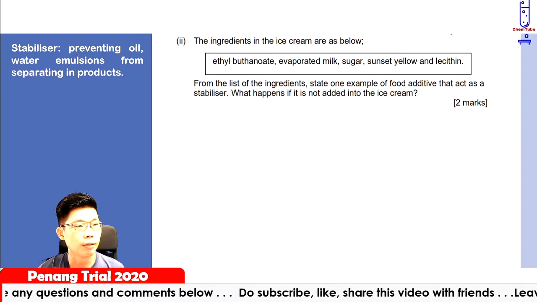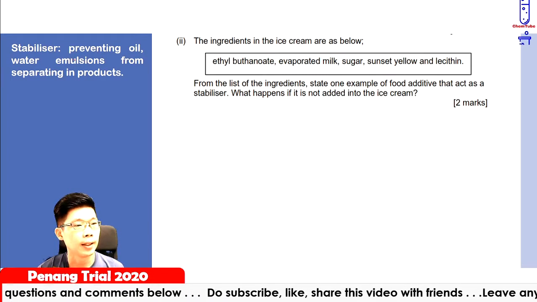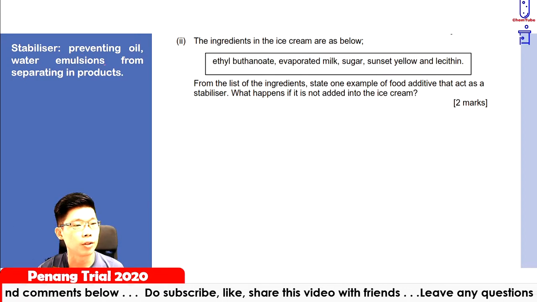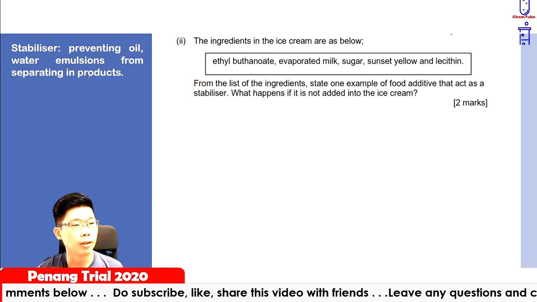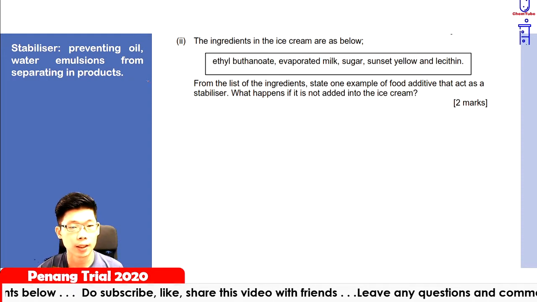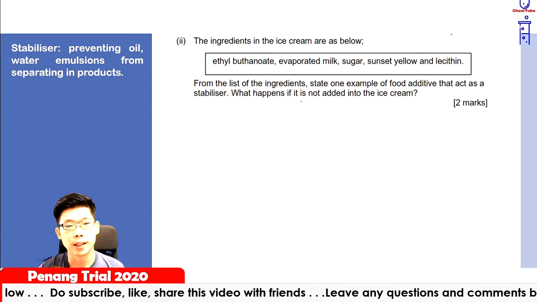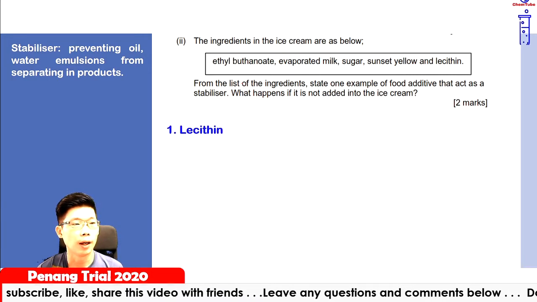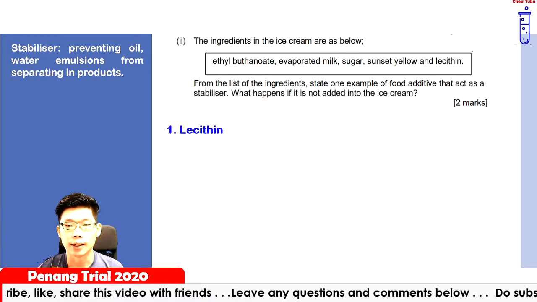What is the function of the stabilizer? It is used to prevent the oil-water emulsion from separating out in the product. So the stabilizer here is lecithin.